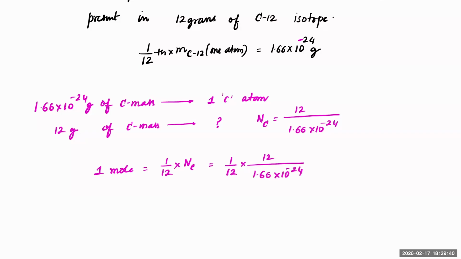So 12 will get cancelled. And when you solve 1 by 1.66, you will get this as 6.022 into 10 raised to the power of 23 carbon atoms. This many carbon atoms you will have. Got it?